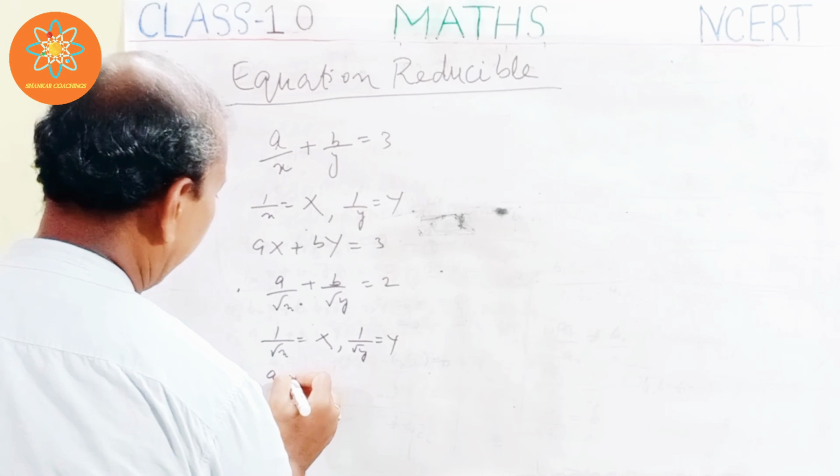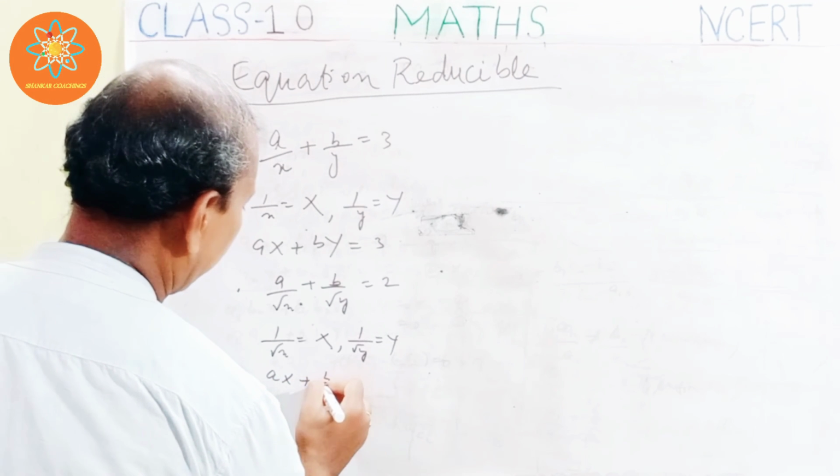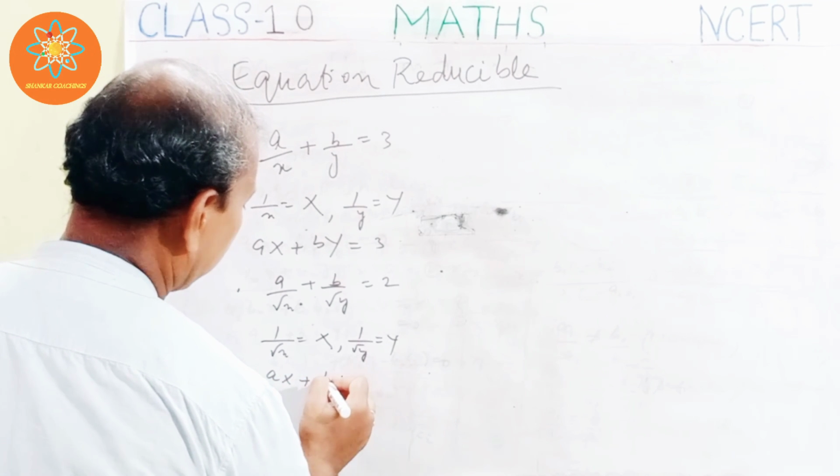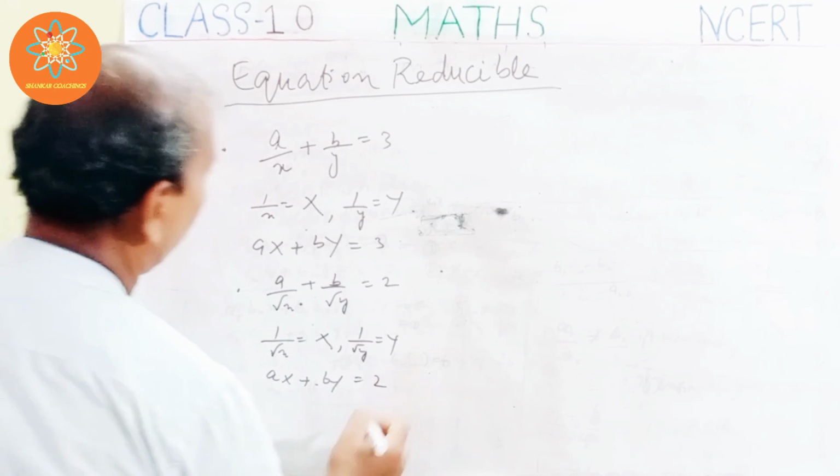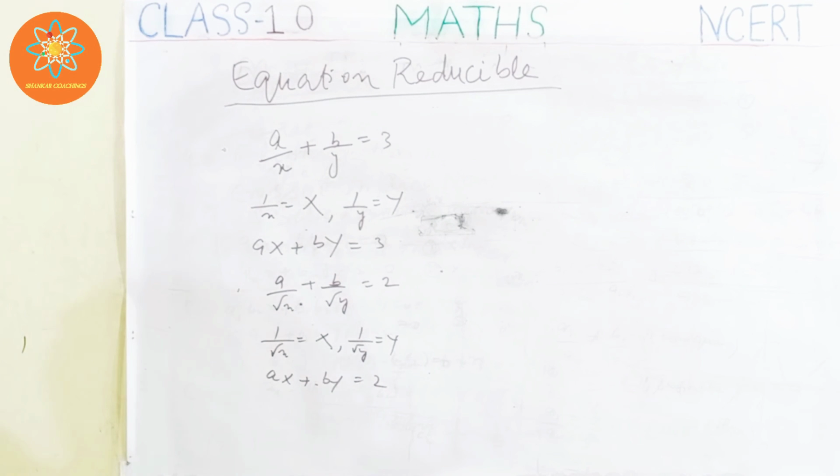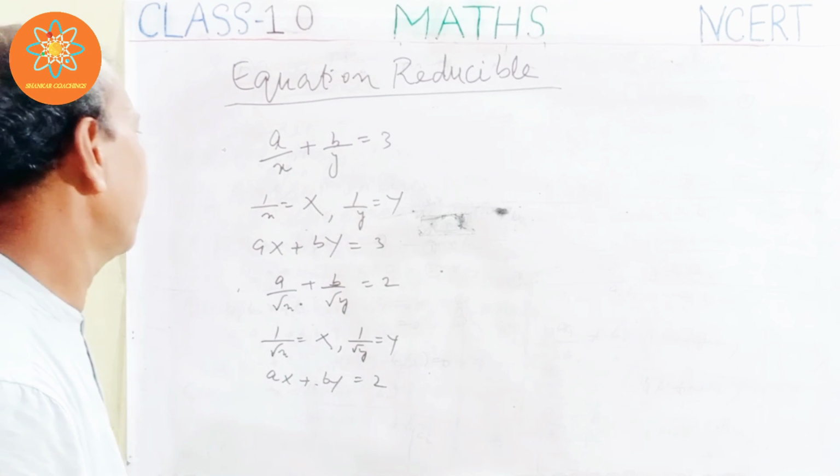So it is aX plus bY, this is equal to 2. So the basic thing is, when x and y are present in the denominator, in that case we have to reduce that equation.